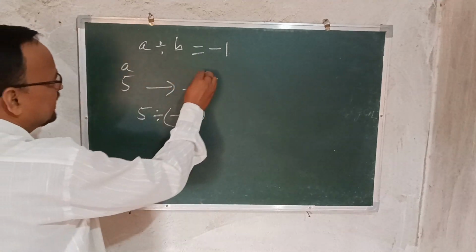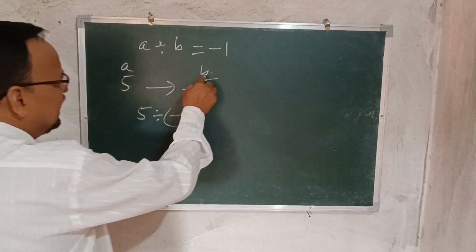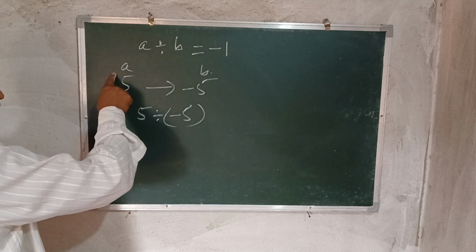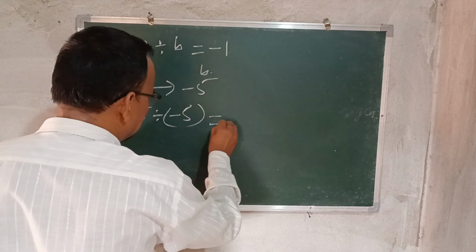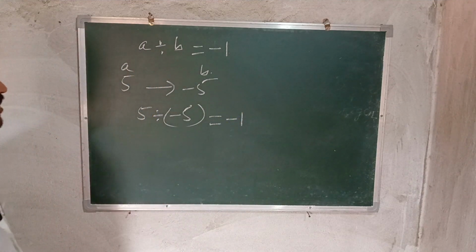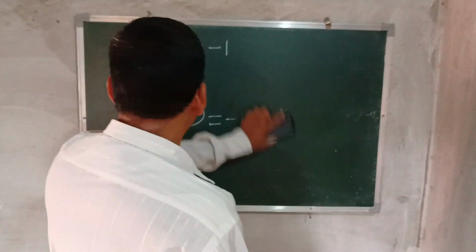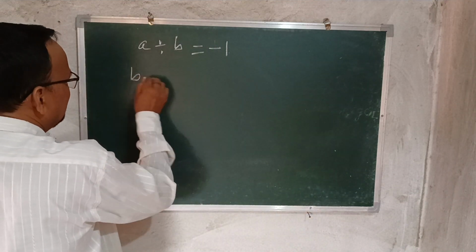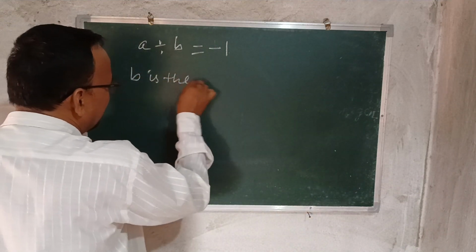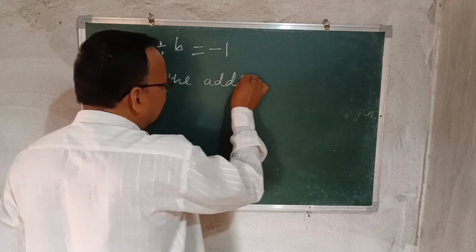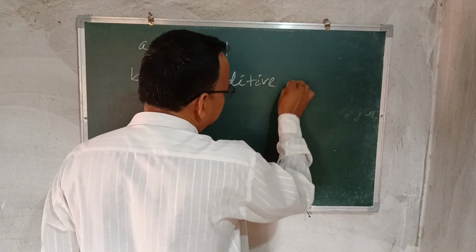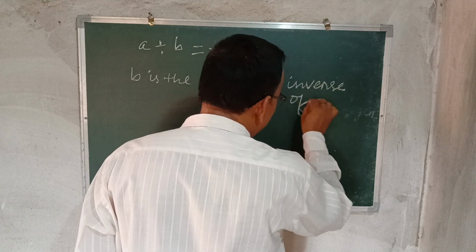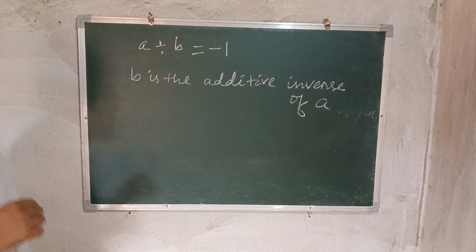This is A and this is B, and B is the additive inverse of A. Then 5 divided by minus 5 is equal to minus 1. So we know that if A divided by B is equal to minus 1, then B is the additive inverse of A.